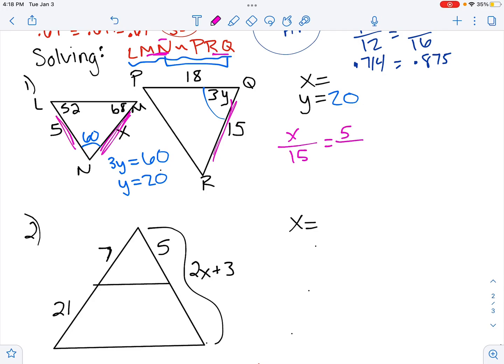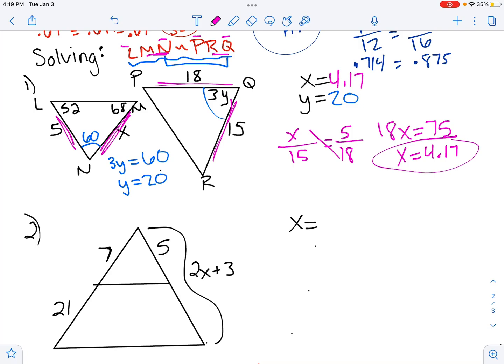And NL, if I come up here, NL goes with PQ. PQ is 18. So I'm going to cross multiply. I have 18x equals 5 times 15, which is 75. I'm going to divide that by 18 to get 4.17. And there's your x.